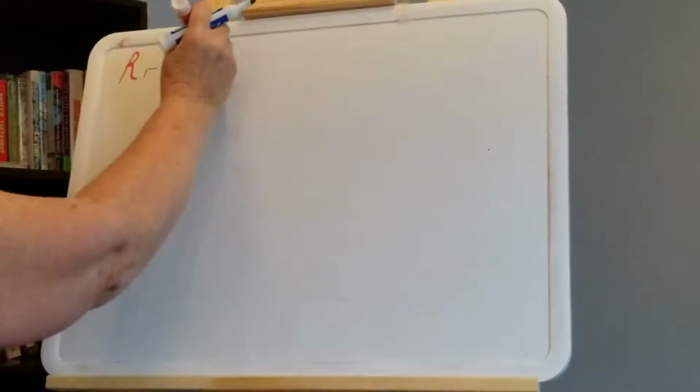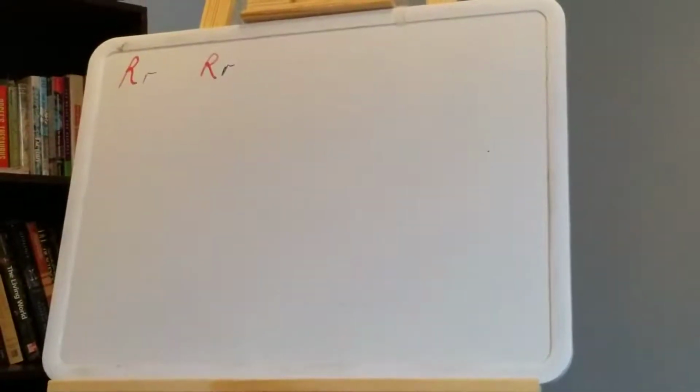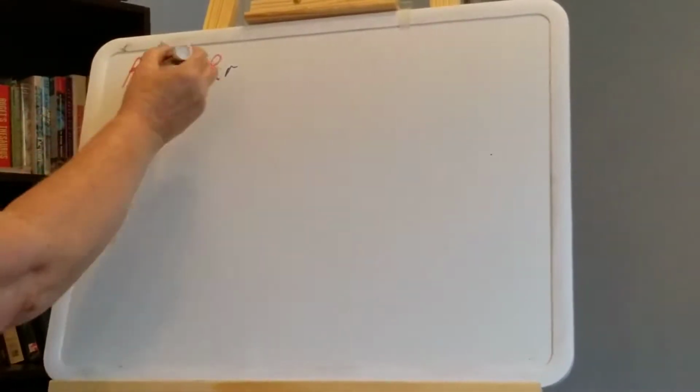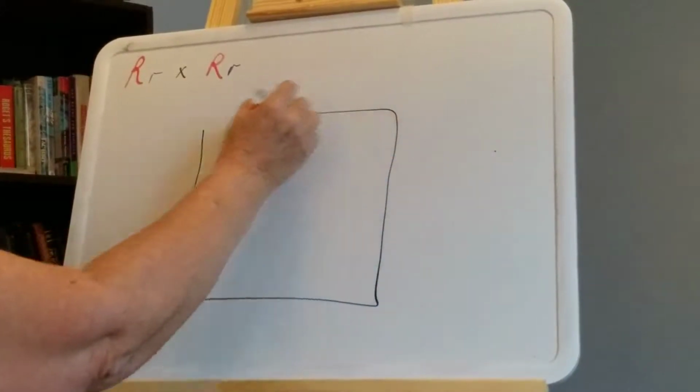If we now take a pink flower and we're going to cross that with another pink flower, what do we end up with? We're going to cross these. Let's do a Punnett Square and figure that out.